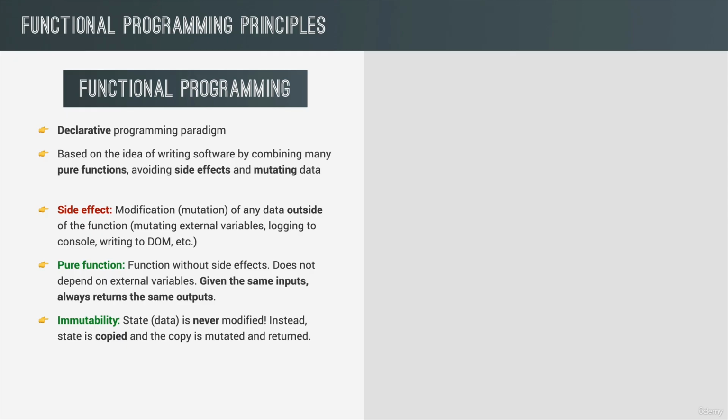But it is still very important that you know some of these principles, such as side effects, pure functions, and immutability, because many of the popular libraries, such as React or Redux, are actually built around all of these principles. So, for example, in React, the state is also completely immutable. And so if you ever want to learn something like React, you will need to know about these concepts in order to use it properly.